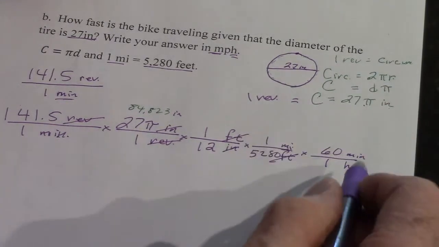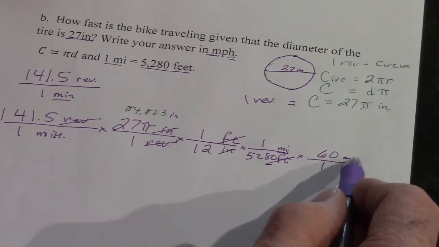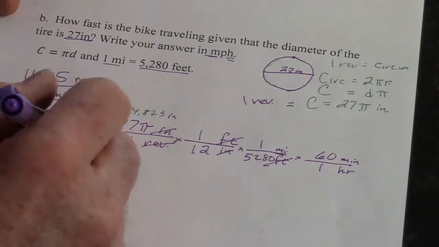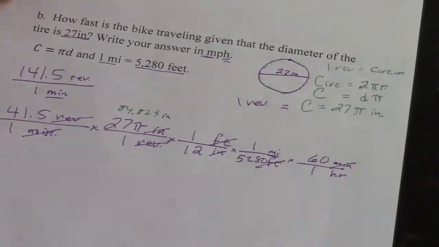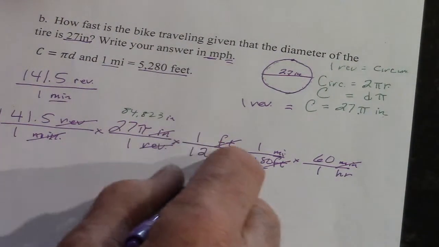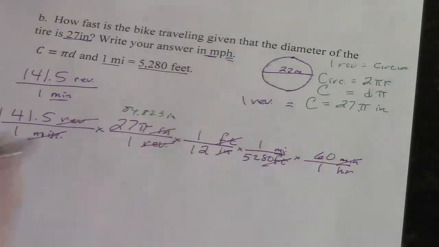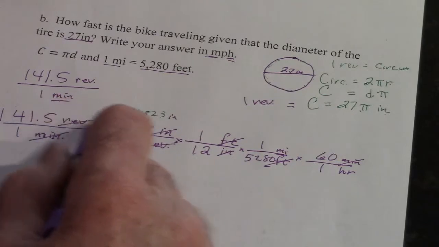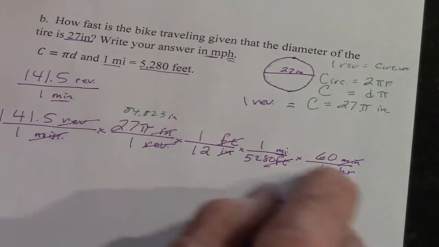Notice again, I always wait to put the numbers in until after I put the units in their appropriate place so that they will reduce diagonally, because this is all multiplication and we can reduce numerators and denominators. So now we've got all this multiplication in the numerator, all this in the denominator.